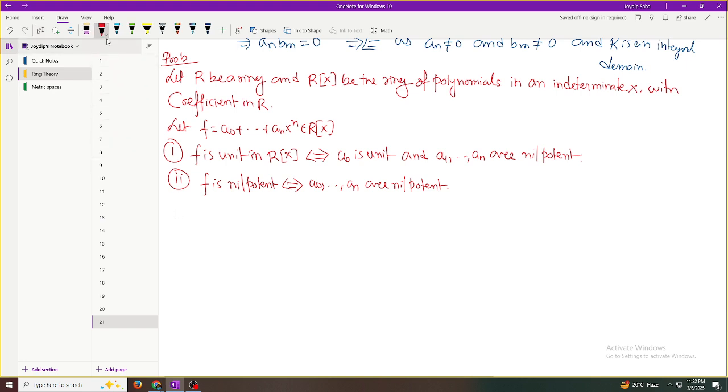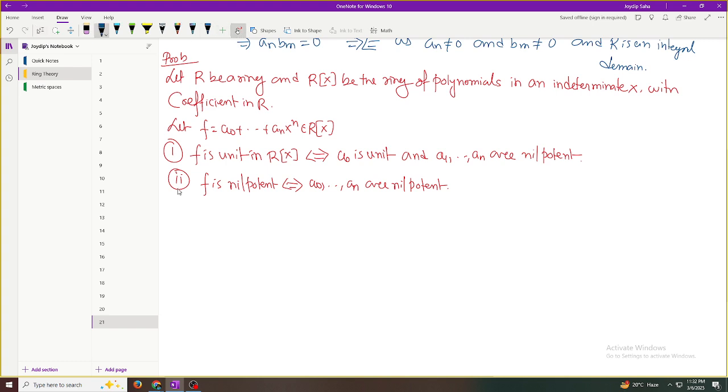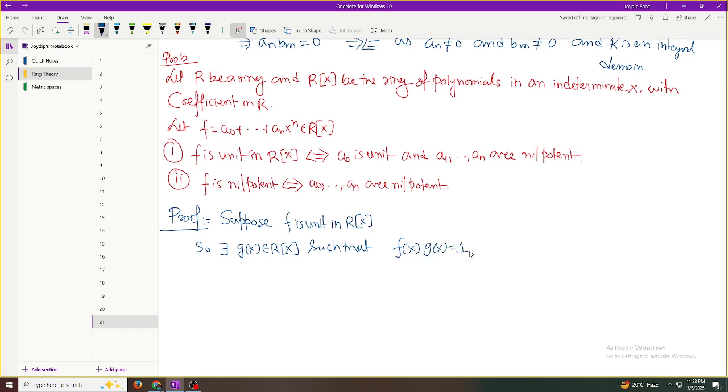Proof. Suppose f is a unit. So there exists g(x) in R[x] such that f(x) g(x) equals 1.